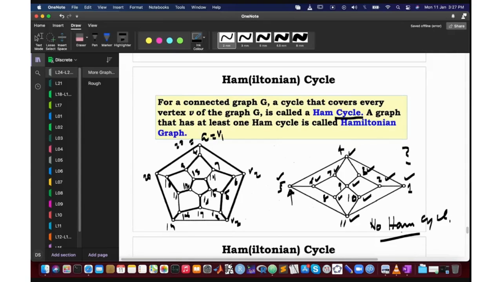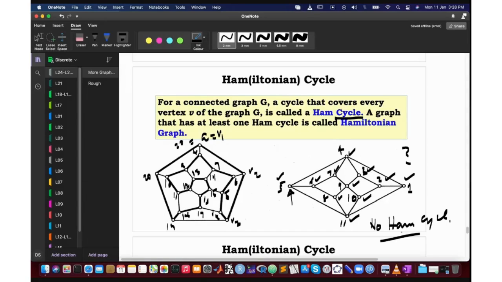Can you guys think of a property, like in the Eulerian case where we said that if every vertex has even degree, then it must have an Eulerian circuit? Can you think of similar properties for Ham cycles? Something that you can check through an algorithm.